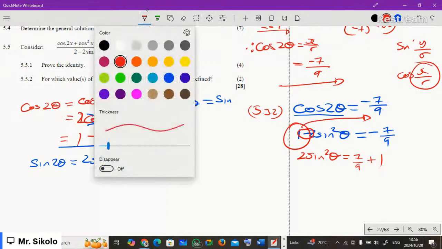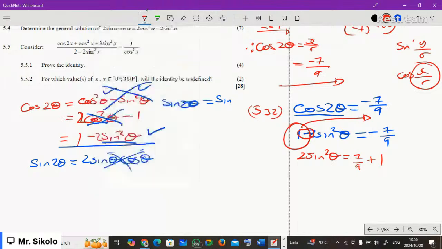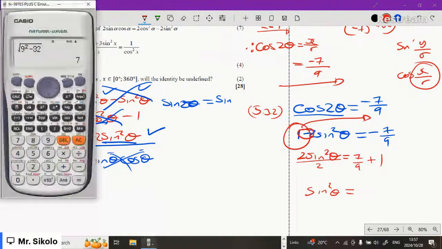But now the other steps we are no longer showing. Whatever answer we get here we will divide by 2. So to have sine squared theta equal to, if you feel like not showing the steps we go straight to the answer, it's fine.